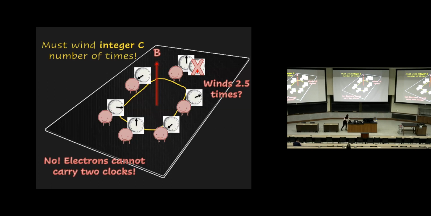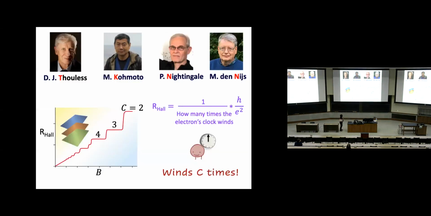Okay, so it's because of this reason that the Hall conductivity, Hall resistance, is 1 over how many times the electron clock winds, times some unit. So this result is shown by these people, and I'm not explaining that here because it's more mathematically heavy.